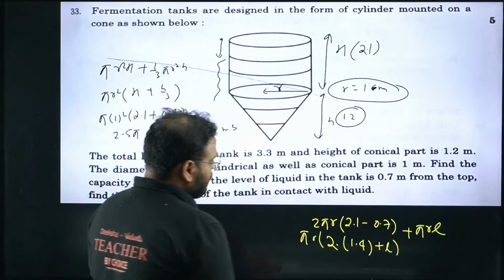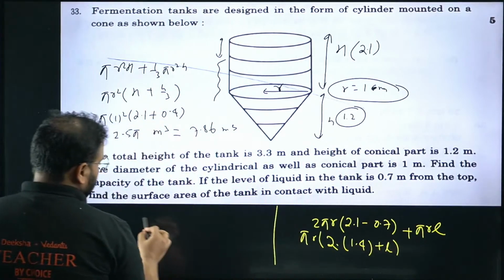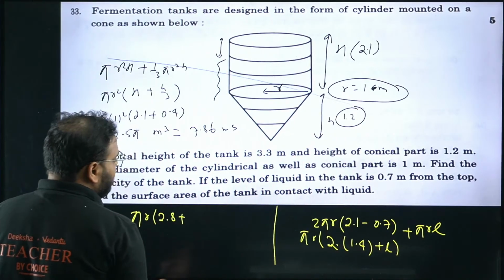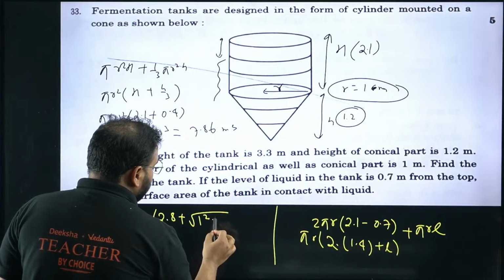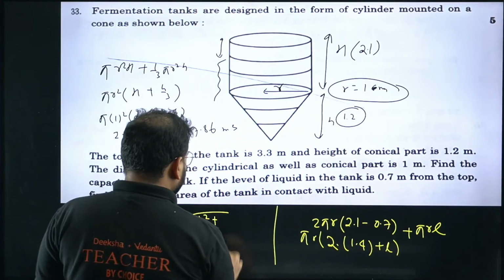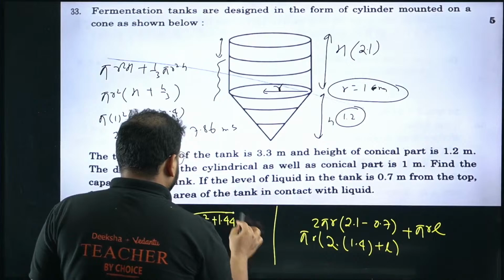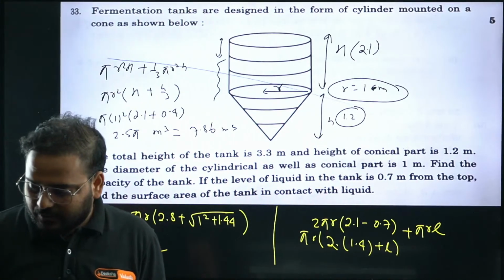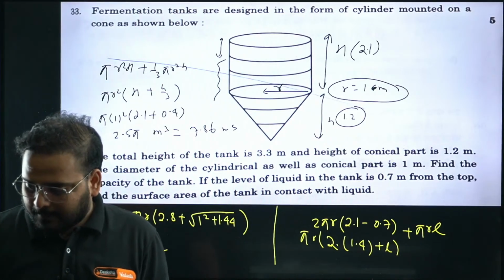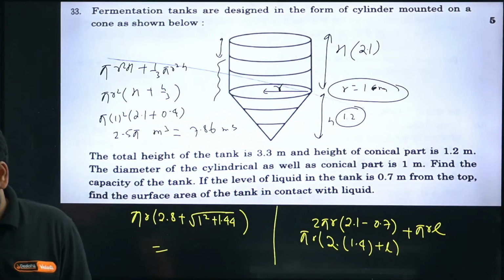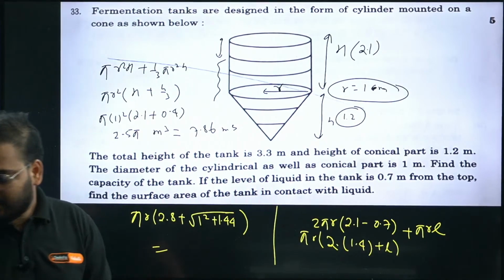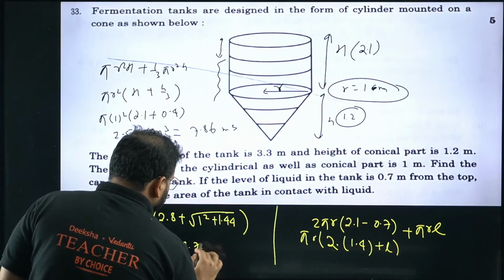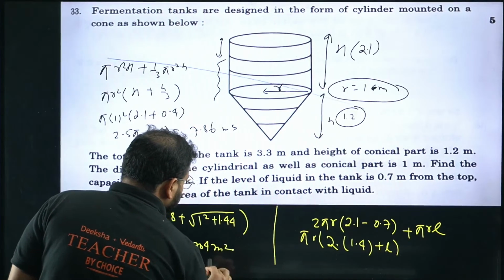How much is this going to be? I'm getting pi r times 2.8 plus L, where L is the root of 1 square plus 1.2 square, which is 1.44. Solve this and you get 13.704 as the area, in meter square.